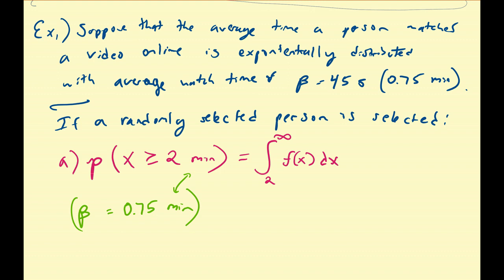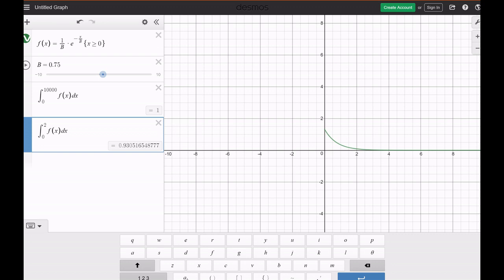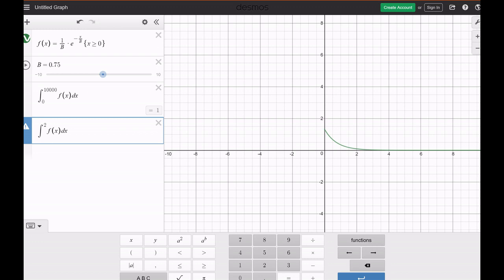Now at this stage you should already be convinced that this function f of x is a probability density function. So you should have already verified that the integral from 0 to some arbitrarily large number is equal to 1. So now we want to find the integral from 2 all the way up to some really large number. That is going to be the approximation for the answer that we want.